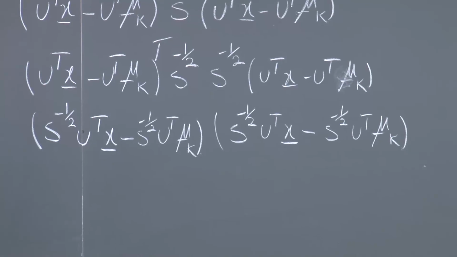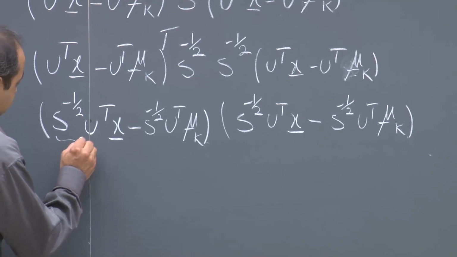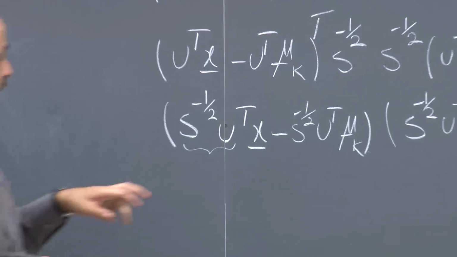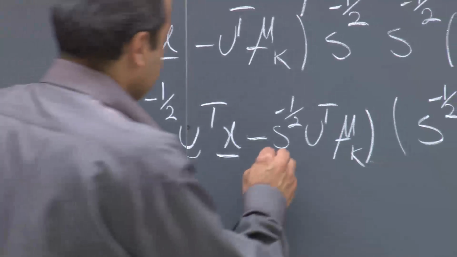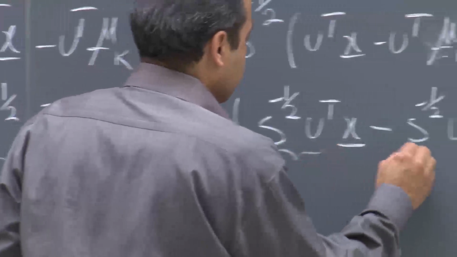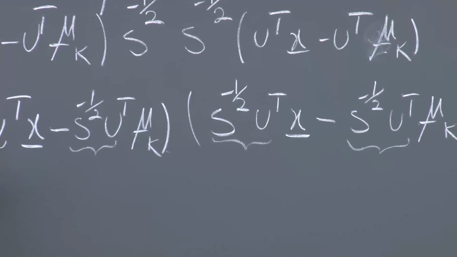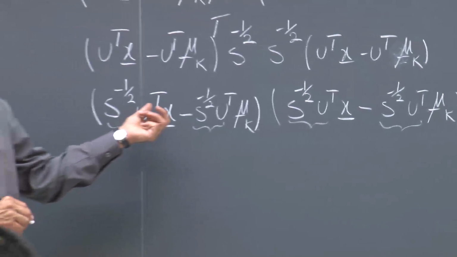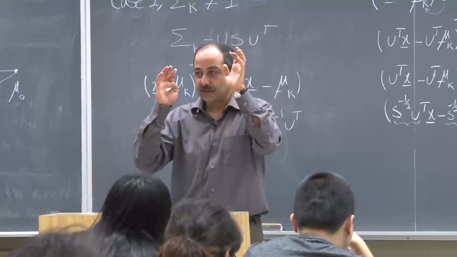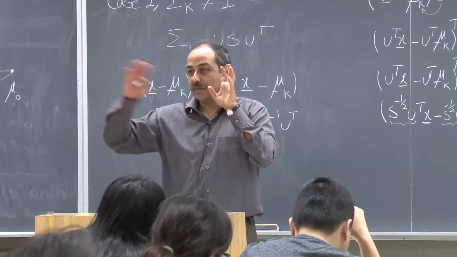So why are we doing this? See what happened now. Look at this term: S to the power of negative half U transpose has been multiplied to X, and the same term multiplied to mu K. I can think of this S to the power of negative 1/2 U transpose as a linear transformation, which has been applied to my data points and transformed them.